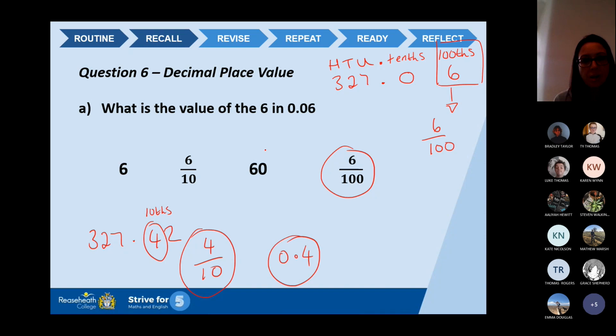This is 6 hundredths. 60 is tens and units, so that's in the tens column, so that's like 6 tens, which is worth 60. 6 tenths would be 0.6, not 0.06, and 6 is obviously 6 units, so that's like 6 whole ones. So the decimals, that's when they become fractions. So the number straight after the decimal is tenths and then hundredths. Hopefully that makes sense.